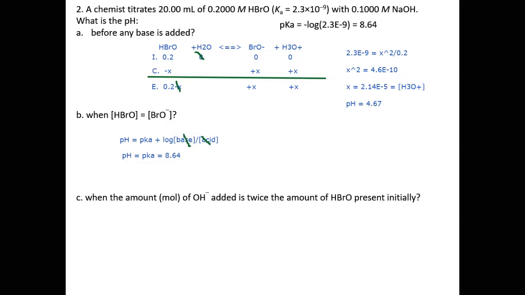Now, what's the pH when the amount of hydroxide added is twice the amount of HBrO present? Initially, what's the pH? So again, we have our moles of acid. Moles of acid is 0.2 times 0.02.